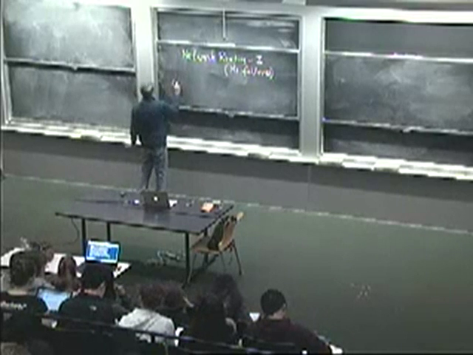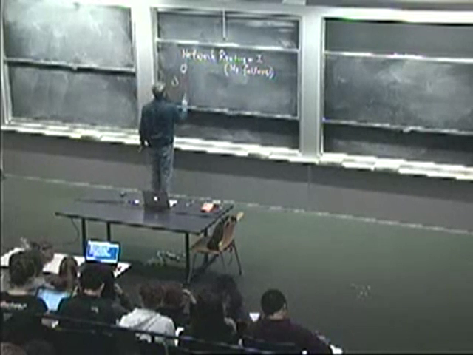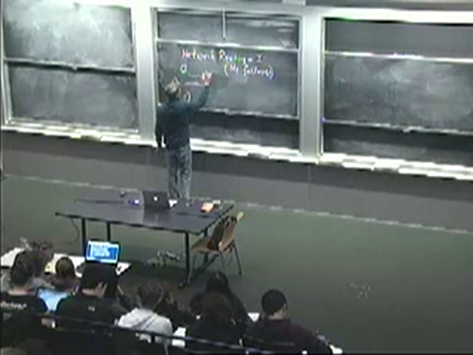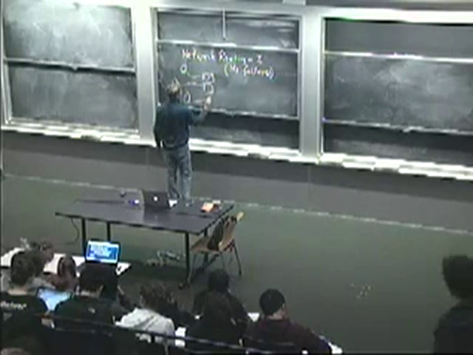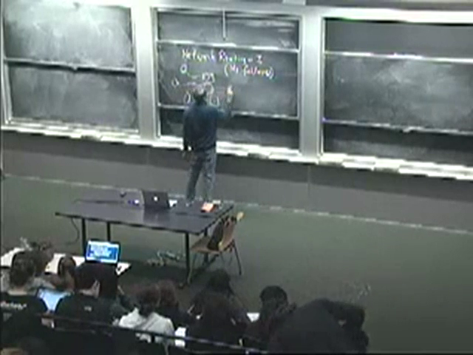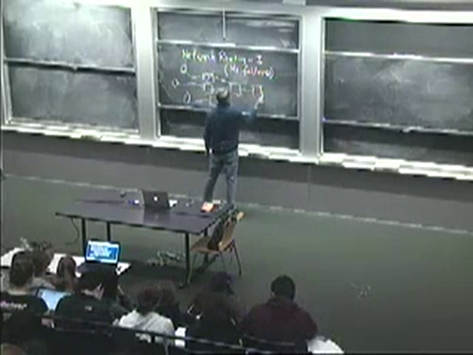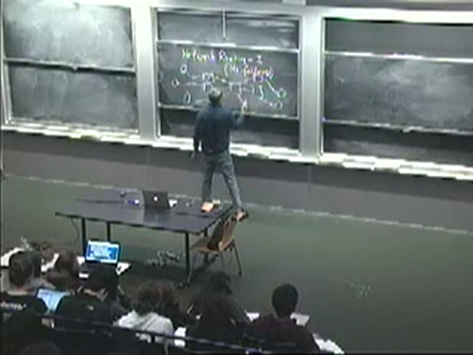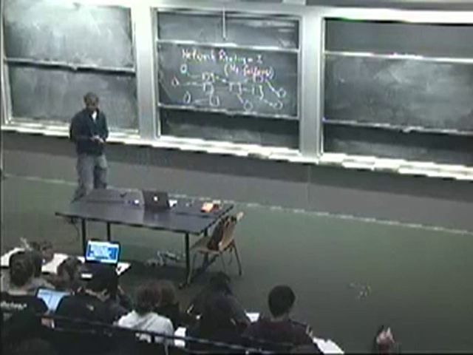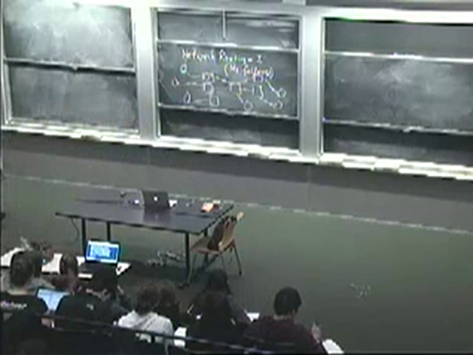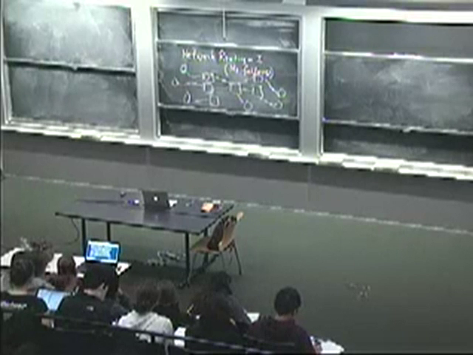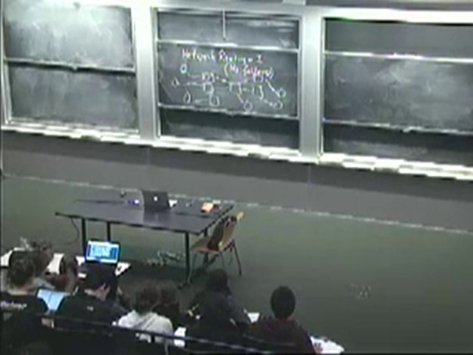So the abstract problem is pretty simple. You have a set of nodes in the network, and there's some network topology. You have sources and destinations, nodes in the network, and they wish to send packets to each other.